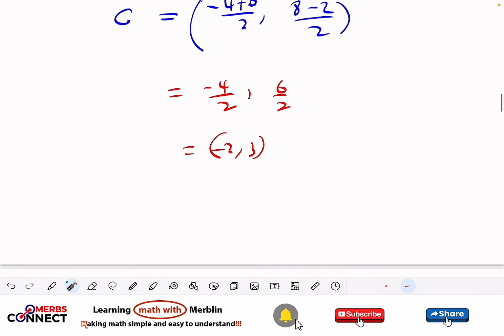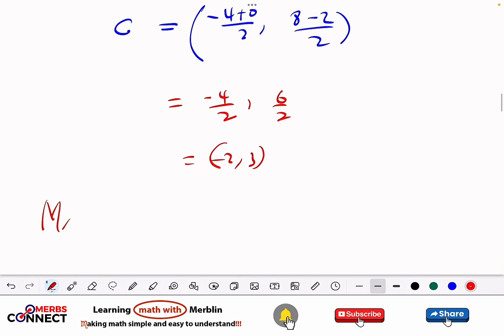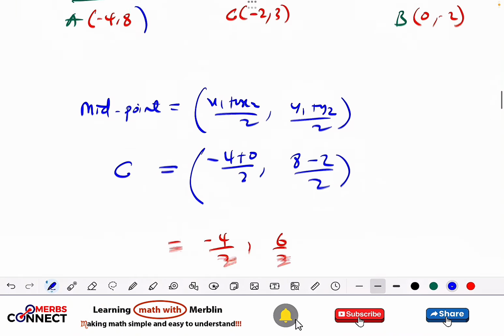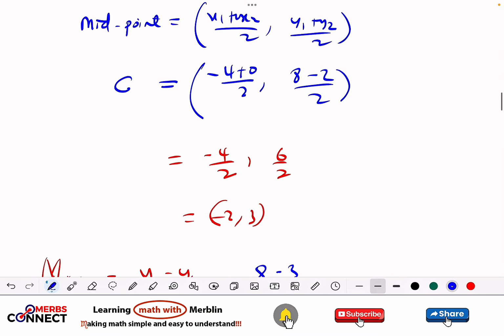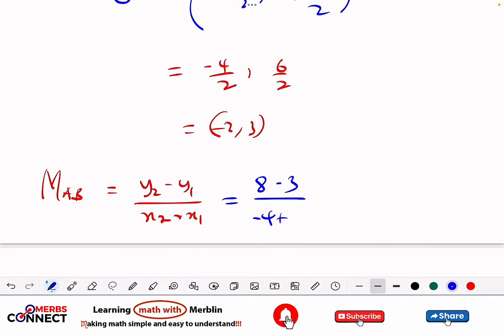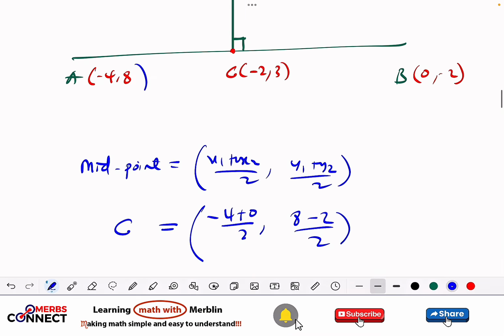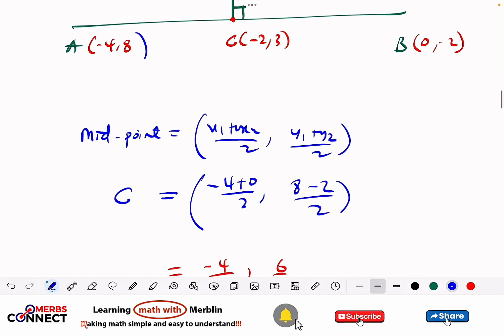So the slope for line AB, let me say m of AB, is change in y divided by change in x. So given the points, we are going to have 8 minus 3 divided by -4 minus 2. Oh, no. The point is supposed to be this one.